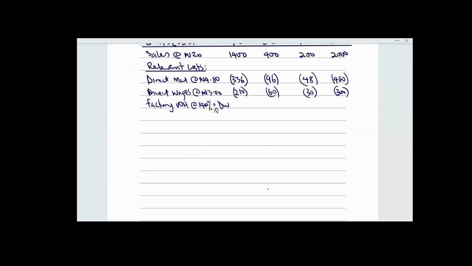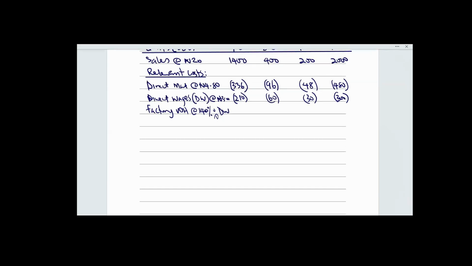All right. Let me do it this way. Direct wages, I will call it GW because I want to make reference to it, which is 3 naira. So 140% of direct wages.